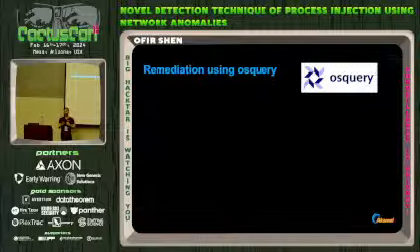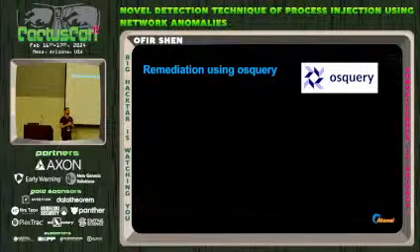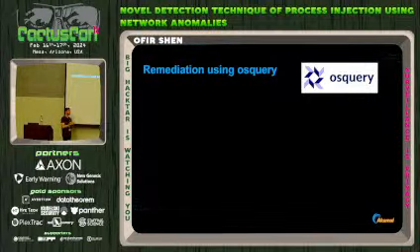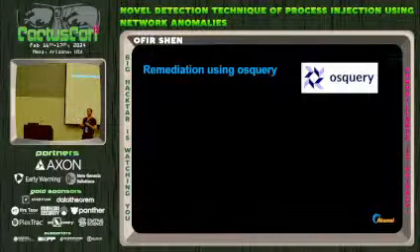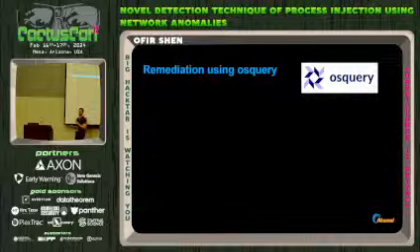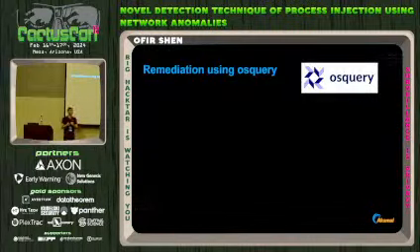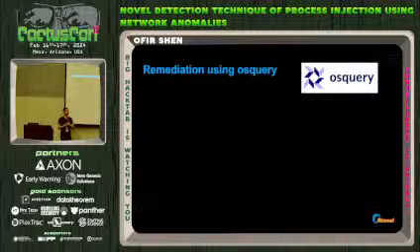You can ask questions in SQL form, and you can query many, many tables regarding scheduled tasks, services, files, hashes, and many other things. And fortunately for us, we have it already integrated into the microsegmentation platform.